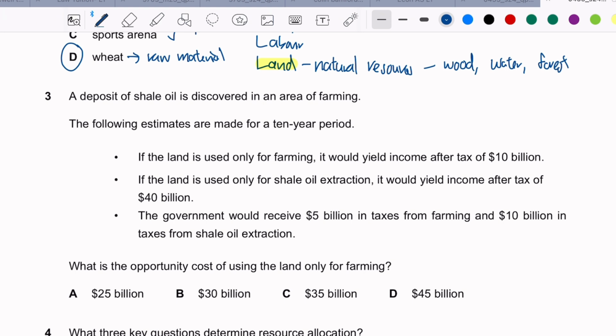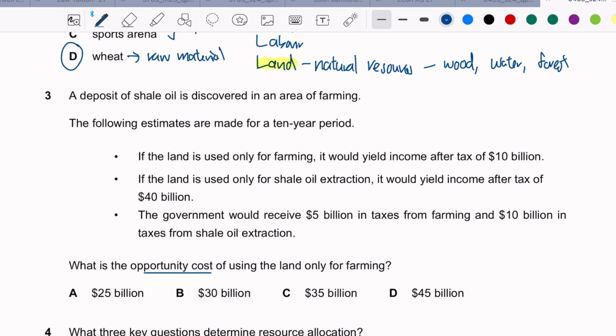The government would receive $5 billion in taxes from farming and $10 billion in taxes from shale oil extraction. What is the opportunity cost of using the land only for farming? If we choose to use the land for farming only, you will have $10 billion yield income after tax, and the government will receive $5 billion in tax.